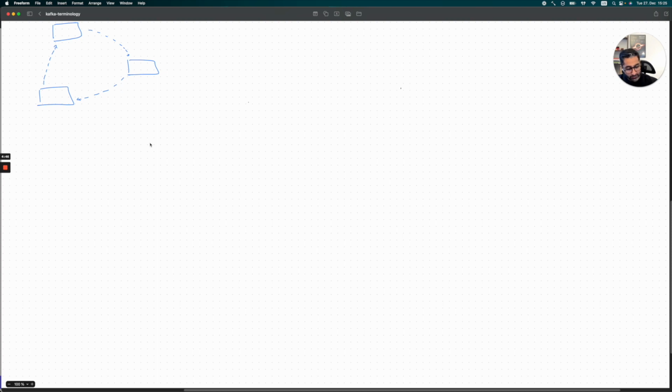And then we have one topic, which for us was rides. This topic would exist on one of the nodes. Let's say it exists on node 1. So node 0, node 1, and node 2.